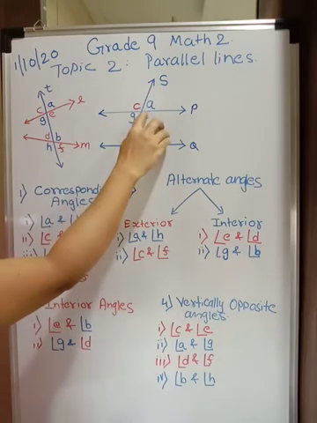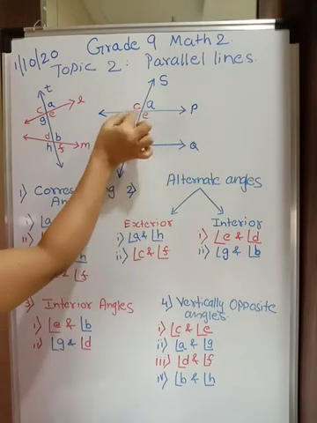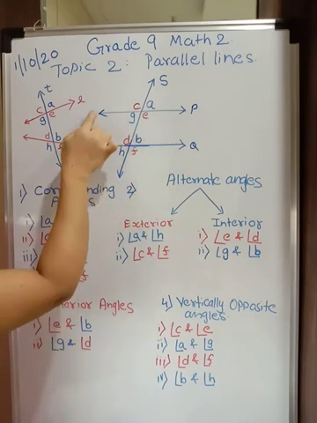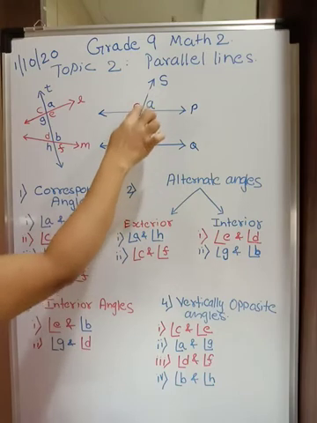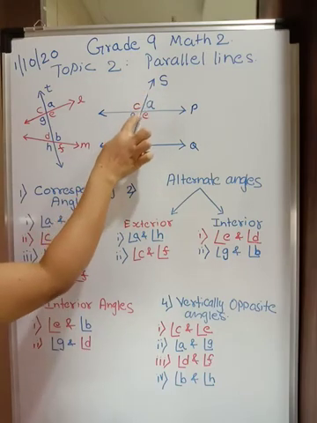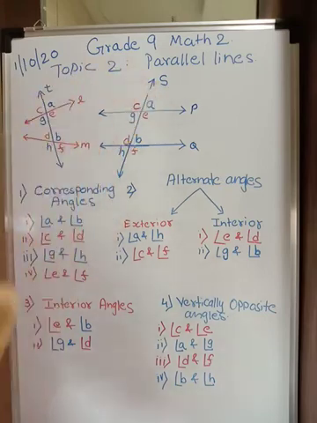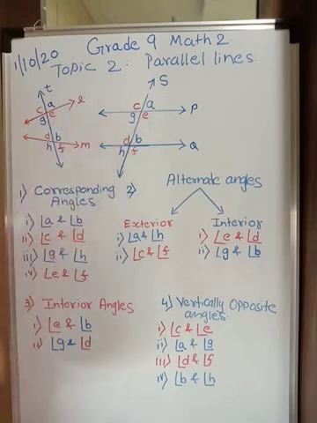One arm of angle E is this, one arm of angle C is this. These two form opposite rays, they form a straight line. Even these two: one arm belongs to C, one arm belongs to E. This also forms a straight line. So angles which are opposite to each other are called vertically opposite angles.